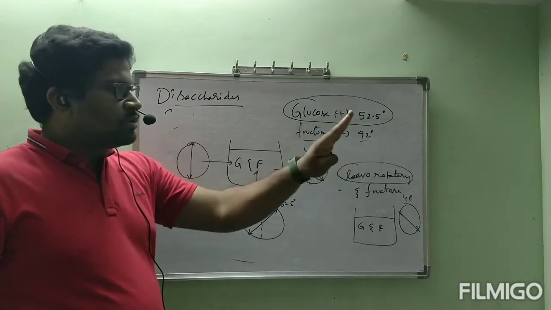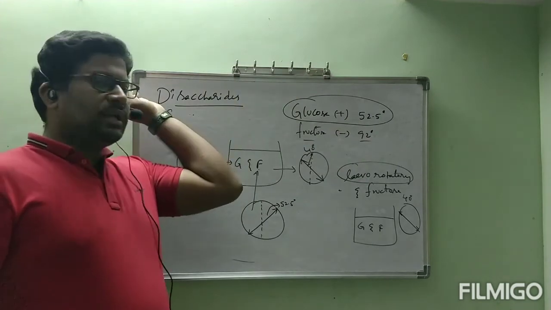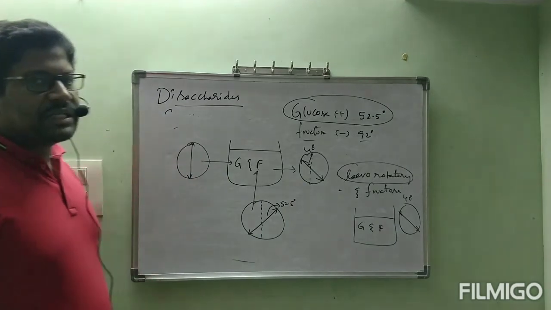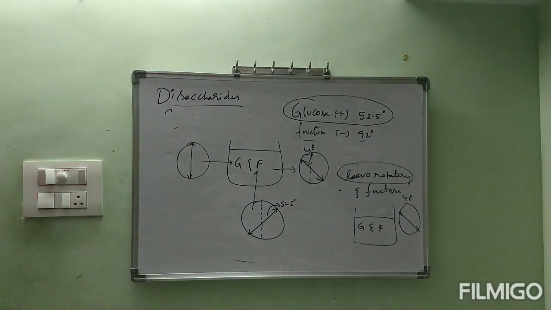So 52 normal, again 40 left side. So the resultant 40 we are getting. That's why we get 40 degrees left side when the glucose and fructose mixture solution undergoes the plain polarized experiment. Normal sucrose solution, if it undergoes the plain polarized experiment, shows dextrorotatory.